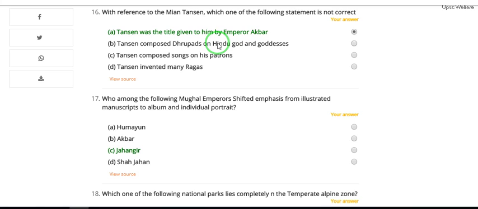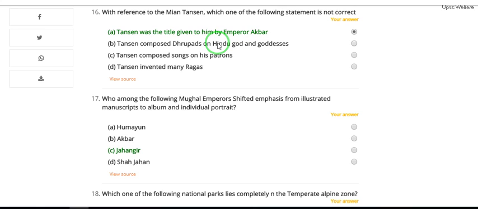This title was not given by Akbar, but one thing let me remind you, it was conferred by Akbar, because Ramtanu was his original name.